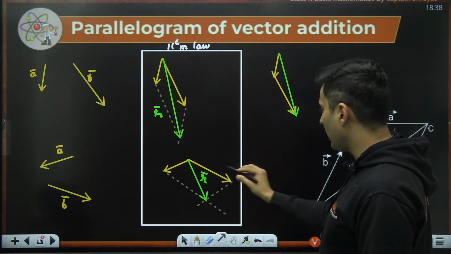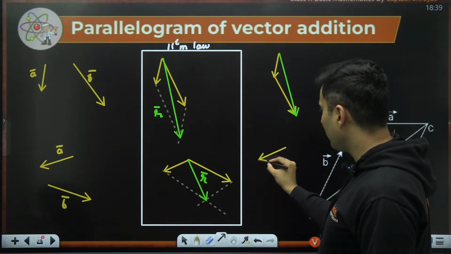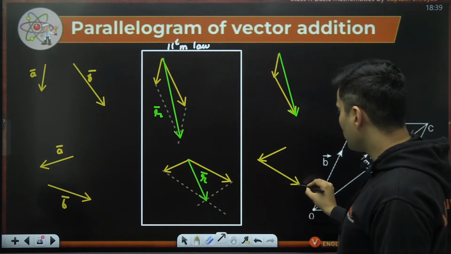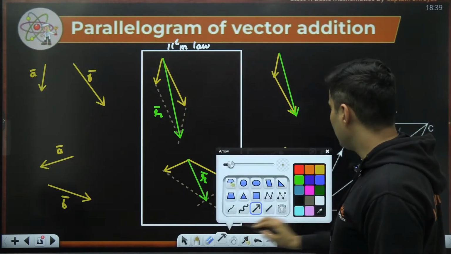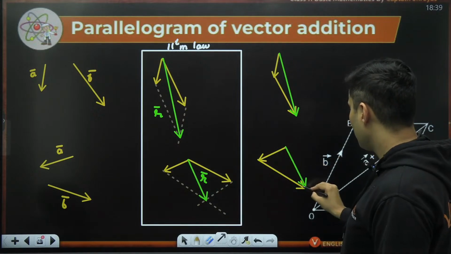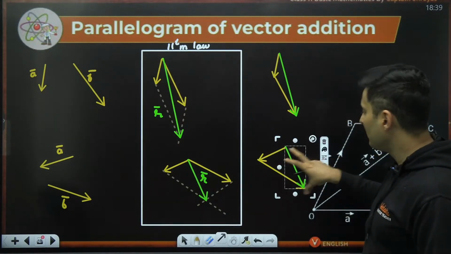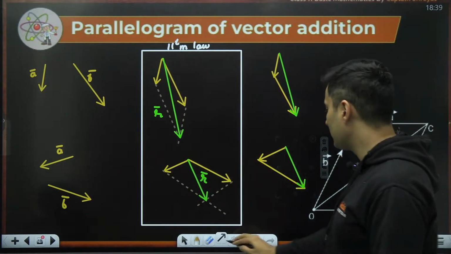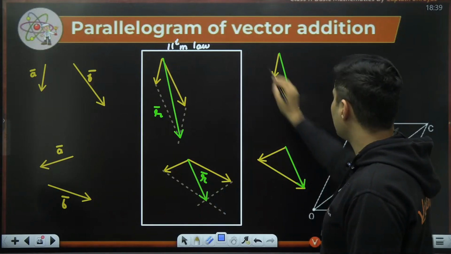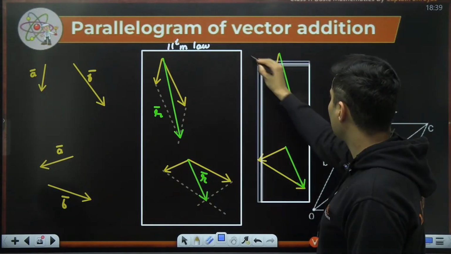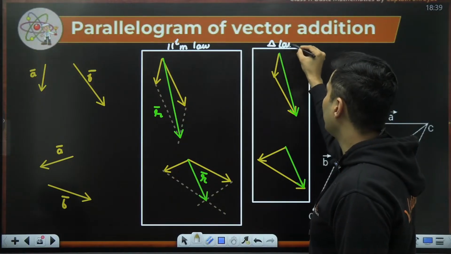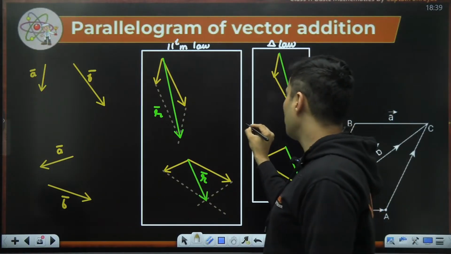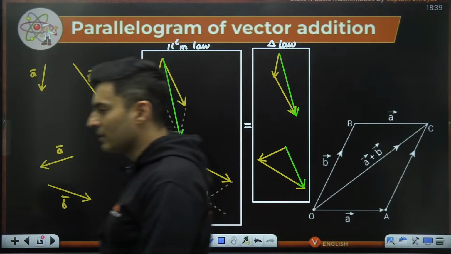If I do it using triangle law, this is, let's say, vector A. Vector B, I should put on this one's tail like that. And that's it. This is the resultant. You can see it's the same thing that you are getting, whether it is parallelogram law or triangle law. So I can just block this as the triangle law of vector addition. Same answer. So both of them are exactly the same.